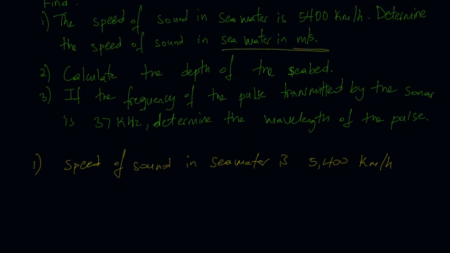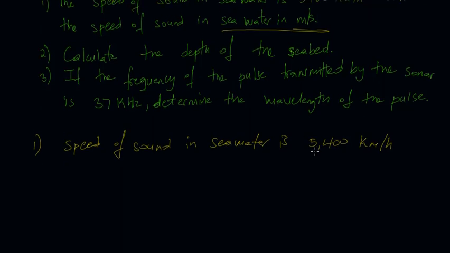So to do this, what we'll have to do is convert this value here, 5,400 kilometers per hour, into meters per second. In order to do that, I'm going to rewrite this value and rewrite our units as a fraction.